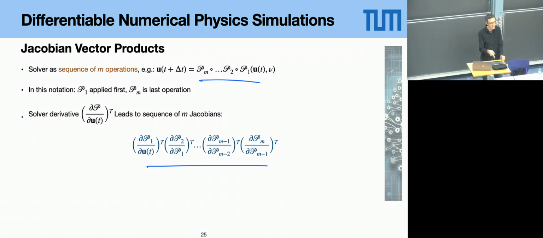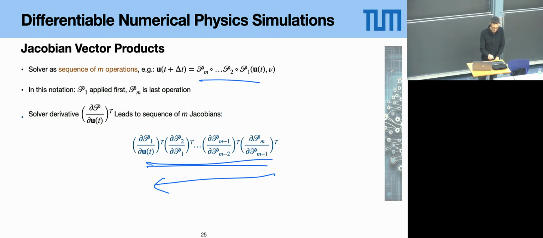So here I've omitted the loss again. This is just for the solver itself, and we resolve this sequence of Jacobians by relying on a backprop that contracts each of these to a single vector.